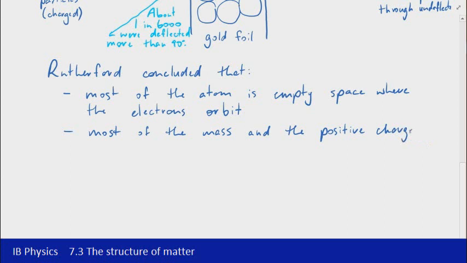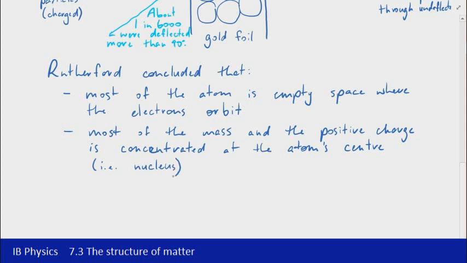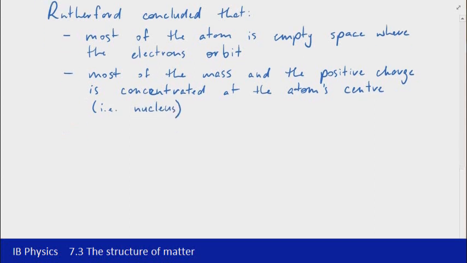And that's concentrated in the center of the atom, and as we now know, that part of the atom we now call the nucleus. So this experiment was really where the nucleus was first discovered, and it allowed a lot more discovery to happen after that.